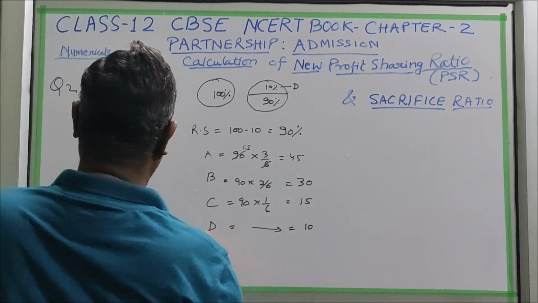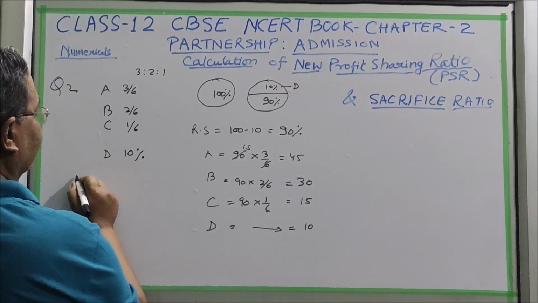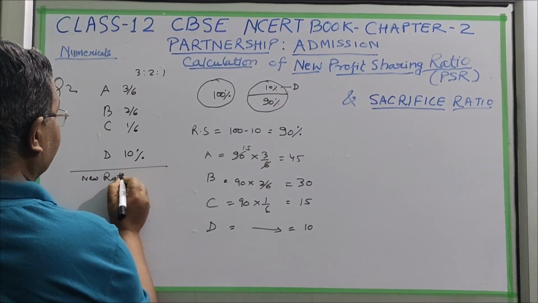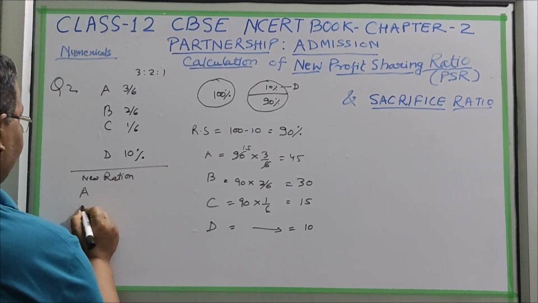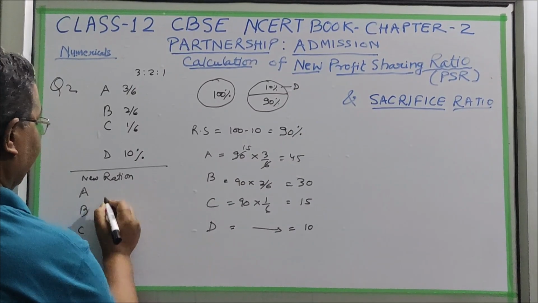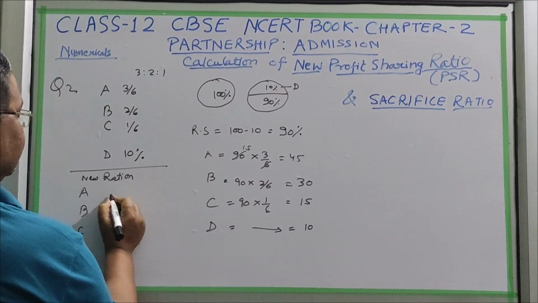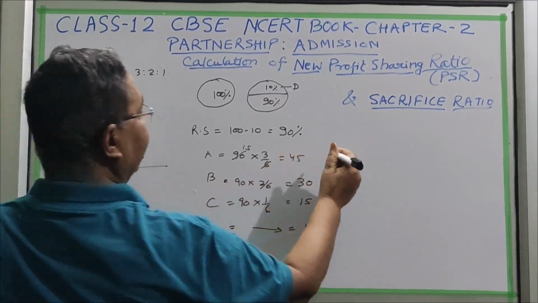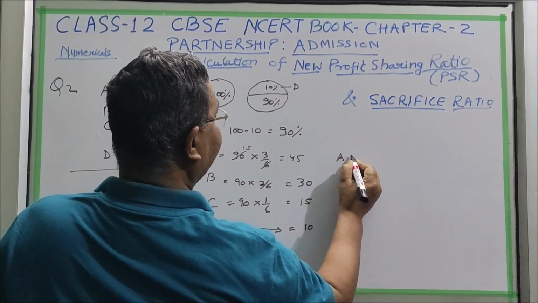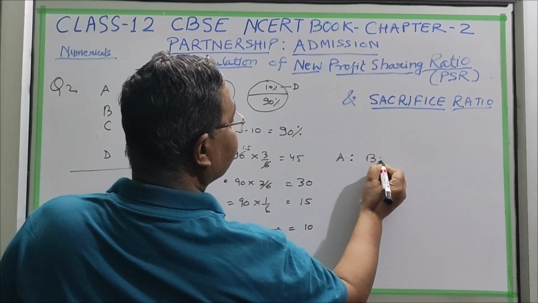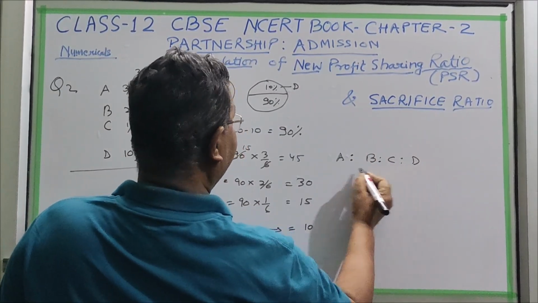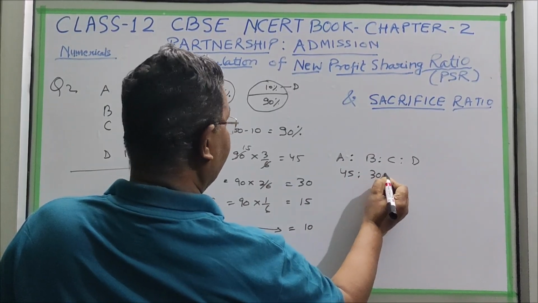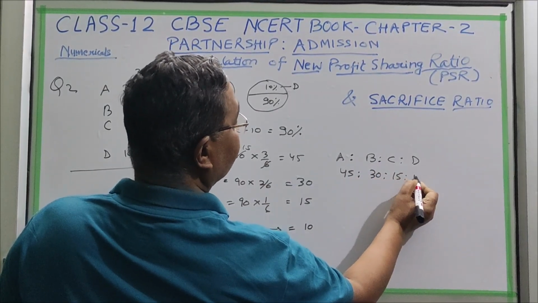So A, B, C, D. Their new ratio is A is to B is to C is to D equal to 45 is to 30 is to 15 is to 10.